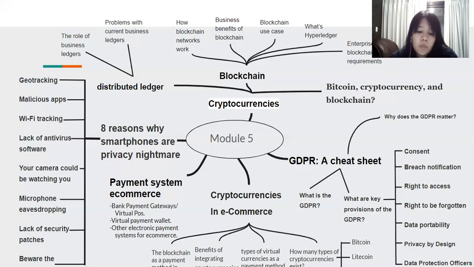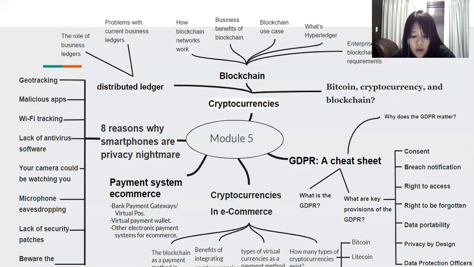For the last topic, we have cryptocurrencies in e-commerce. Blockchain as a payment method in e-commerce can generate virtual coins whose value depends on the market. There are benefits of integrating cryptocurrencies in the online store. The first one is that it is used as a means of investment.